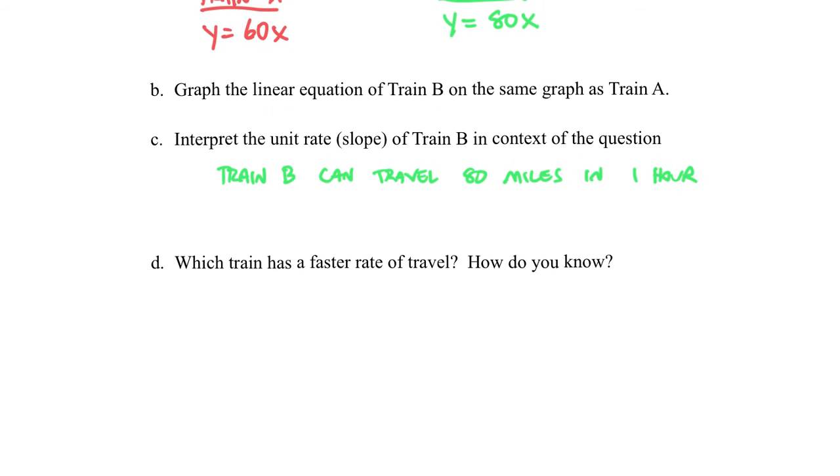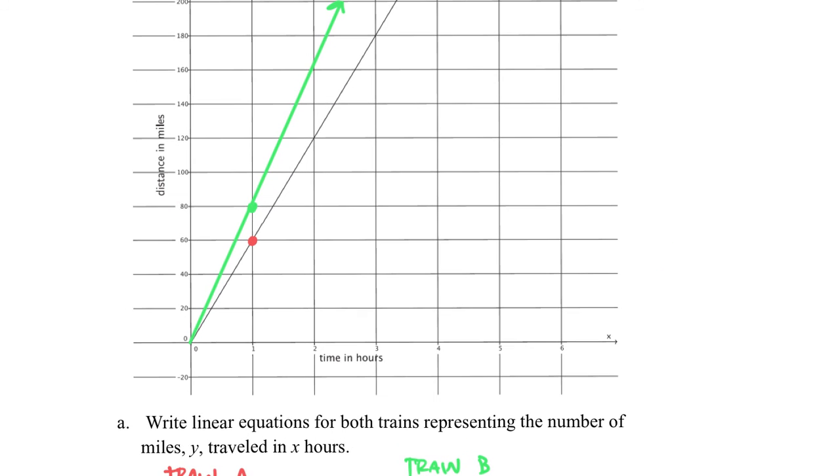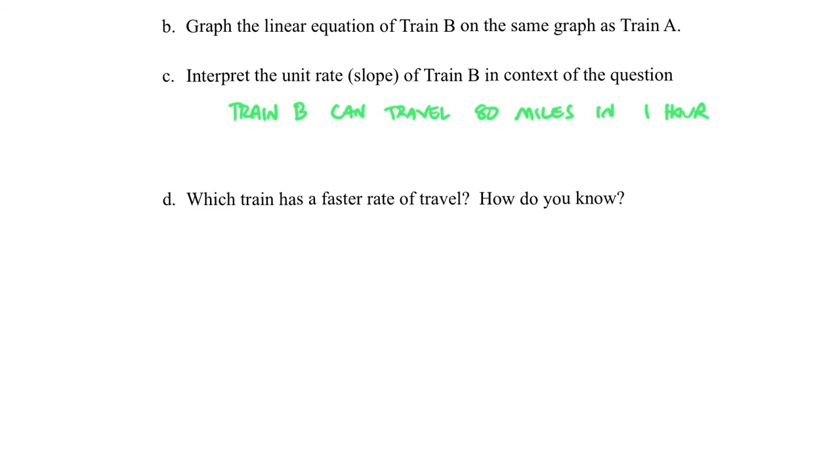Which train has a faster rate of travel? How do you know? Well, now we know that train B is faster, and we know this 2 different ways. One way that we know this is that it has a higher rate. So this is 80, this is 60. The other way, though, you can actually answer from the graph. Train B has a steeper graph. Steeper graph means higher rate. So let's answer with the graph.